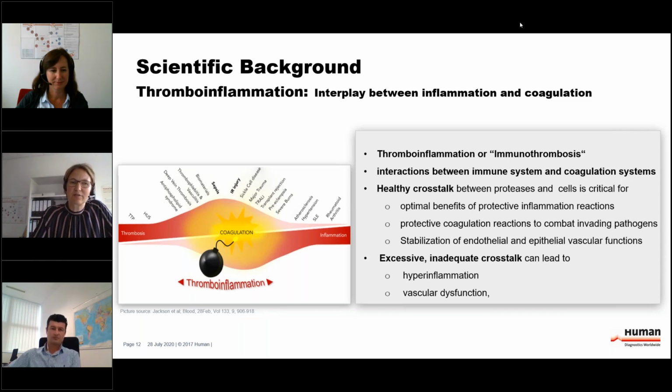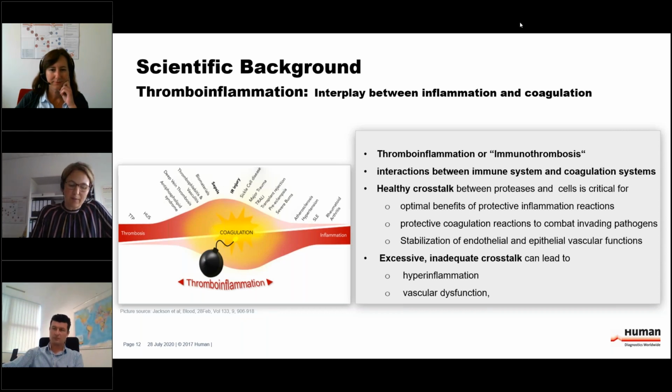The healthy crosstalk between circulating proteases and cells is critical for providing the optimal benefits of protective inflammation reactions and protective coagulation reactions and the stabilization of endothelial and vascular functions.